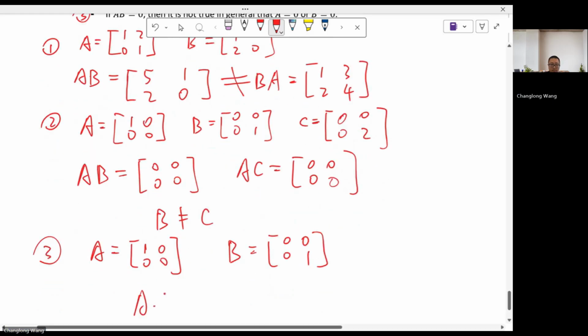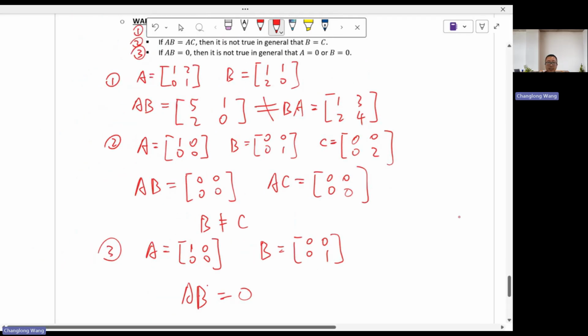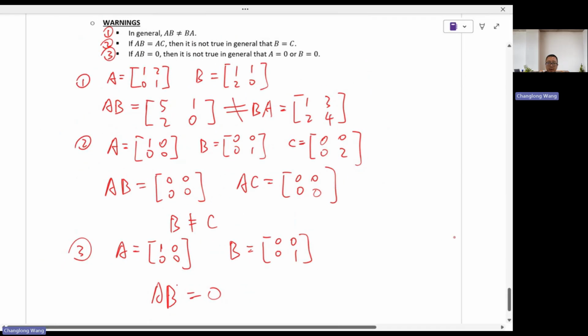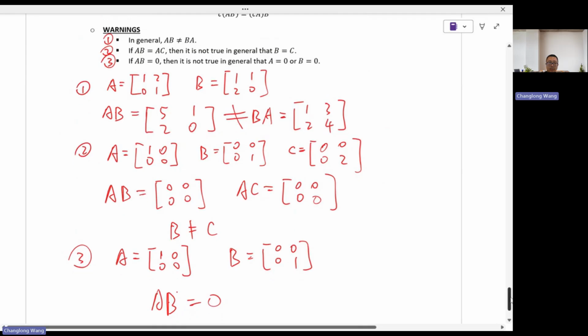Obviously, A times B is 0, but neither A nor B is 0. And that's something you should always alert yourself to when you play with matrices. So matrices are numbers, but maybe in a different dimension.